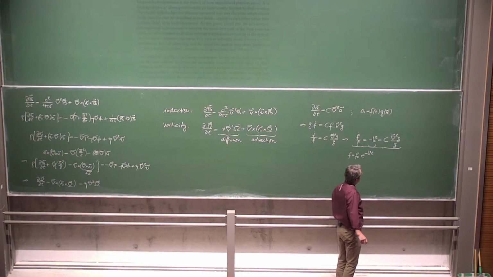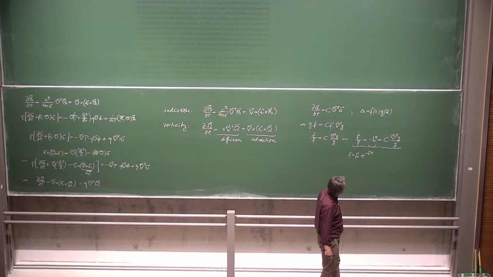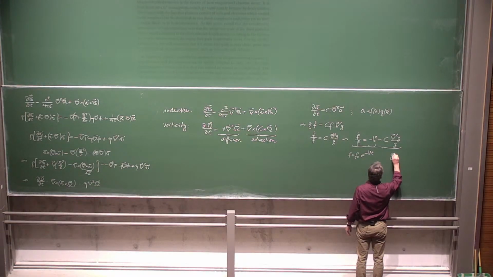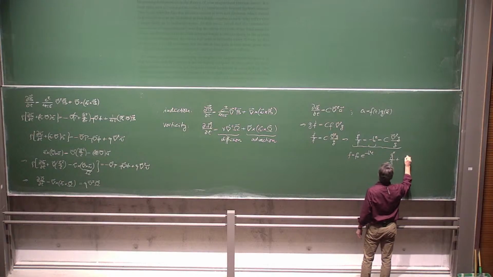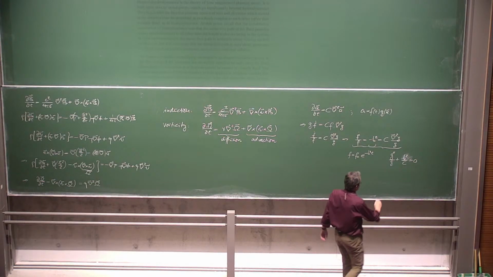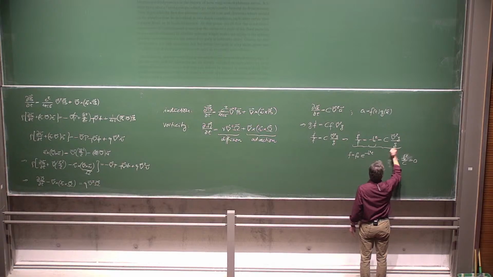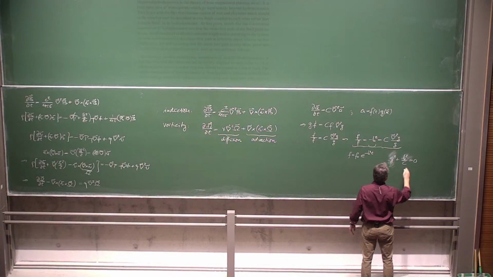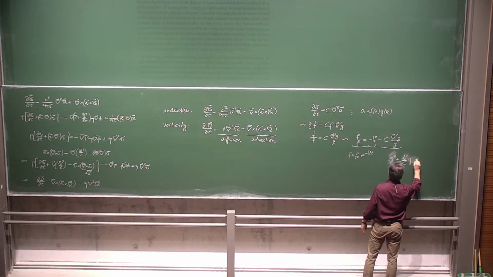If it depended on x only, right, then you would have an equation like g double prime divided by g plus k squared over c equals 0, or g double prime plus k squared over c times g equals 0.